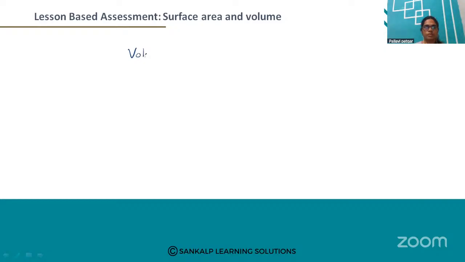Volume of the solid is equal to volume of cone plus volume of hemisphere. Here volume of the cone is 1/3 pi r square h plus volume of hemisphere is 2/3 pi r cube.